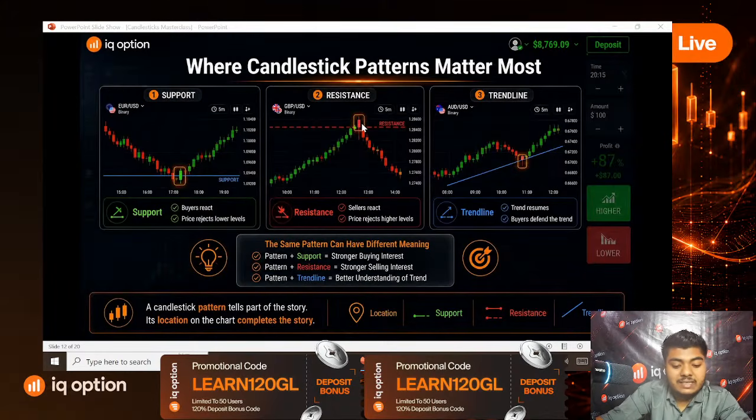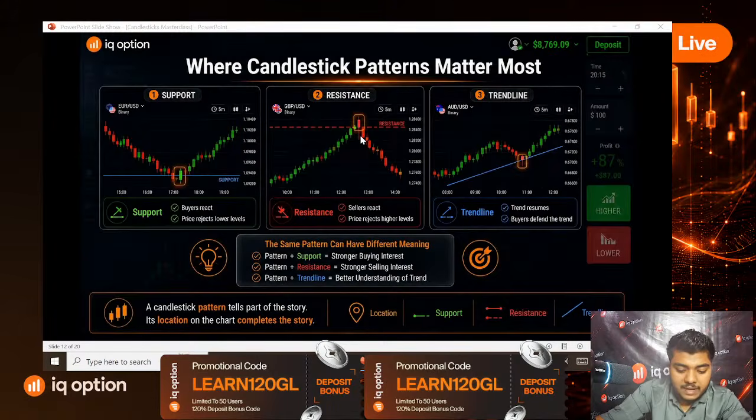This tells us that sellers are becoming active at a price level where the market has previously moved lower. Because the market previously moved lower, that's why we draw this as a resistance level, as we already know from our support and resistance class. And that's why in this resistance area we found a bearish candlestick pattern. A single bearish candlestick pattern also shows the pressure of the sellers.